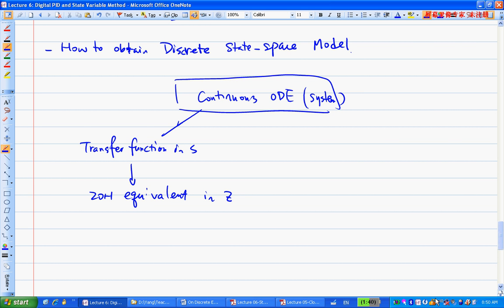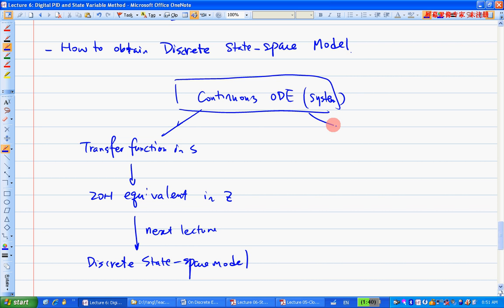Then from here, which is what I'm going to show you in the next part of the lecture or maybe the next lecture, you get your discrete state space model. What we're going to learn is how to get a discrete state space model based on the Z transfer function.